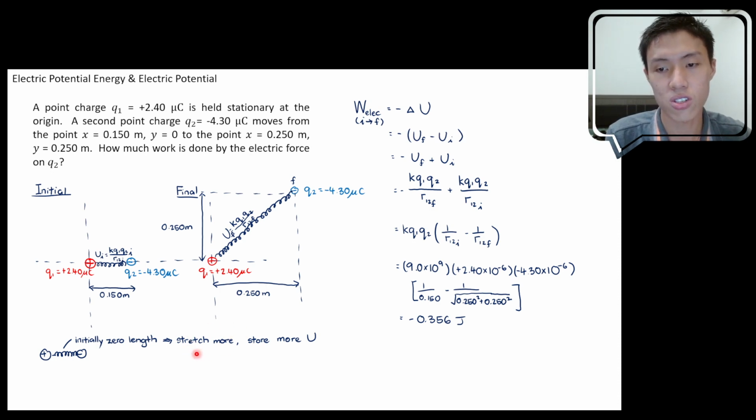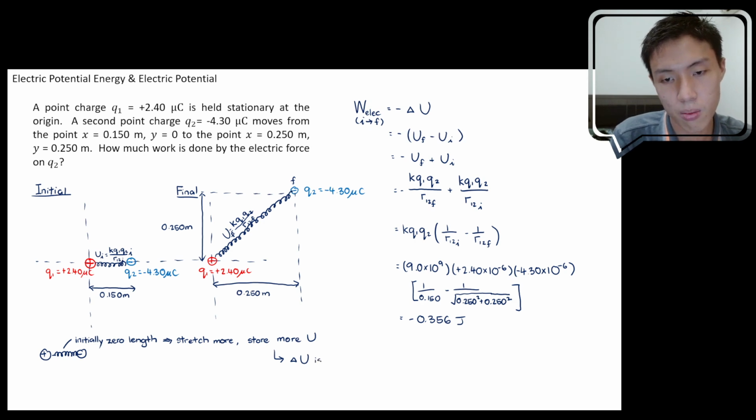So because it's stretched more, then you will know that they will store more potential energy when you change from initial to final. This process here involves the spring storing more and more potential energy. So storing more and more potential energy, in other words, means that your change in potential energy is positive. Okay, because from initial to final, there's a gain, so delta U will be positive because it's an increase in potential energy.